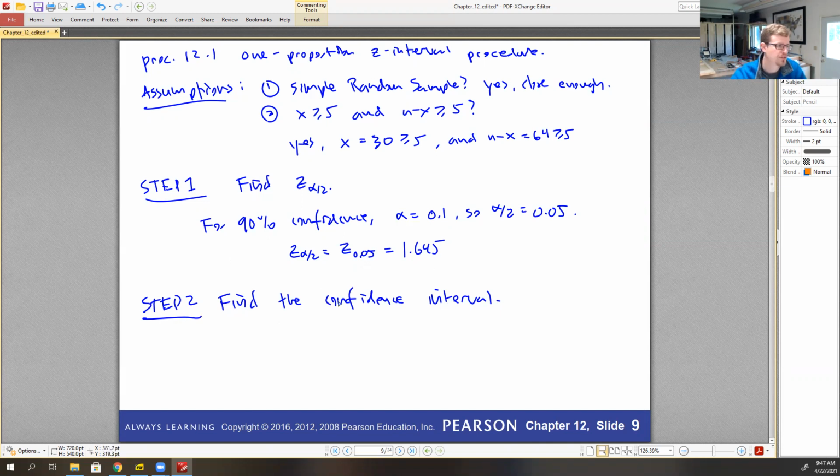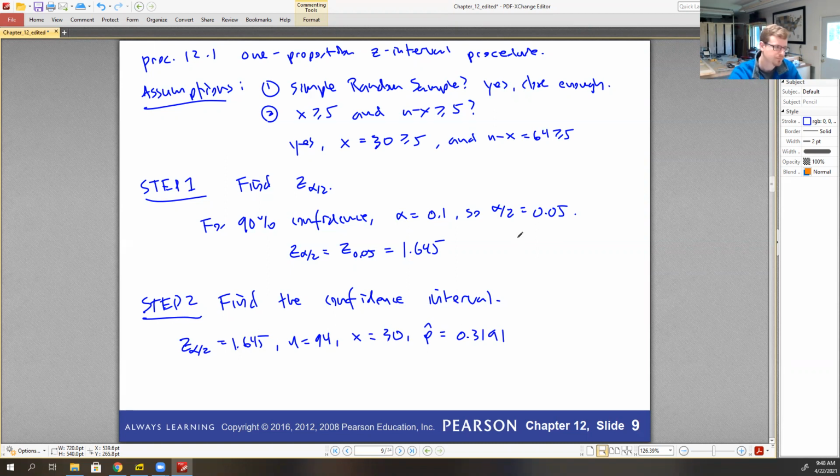So in order for us to find the confidence interval, again, we want to observe all of the information that we have. So z sub alpha over 2 is 1.645. We found n was equal to 94, x is equal to 30, p hat is equal to 0.3191. And this is all of the information that we need in order for us to go ahead and find the confidence interval, right?